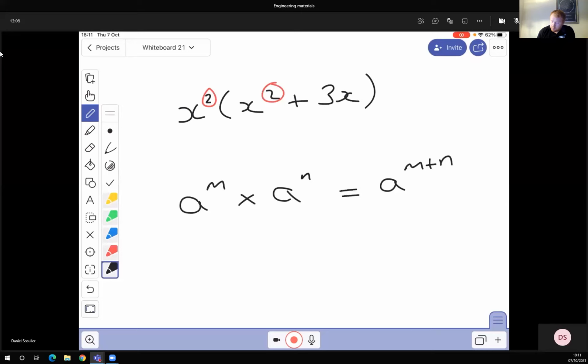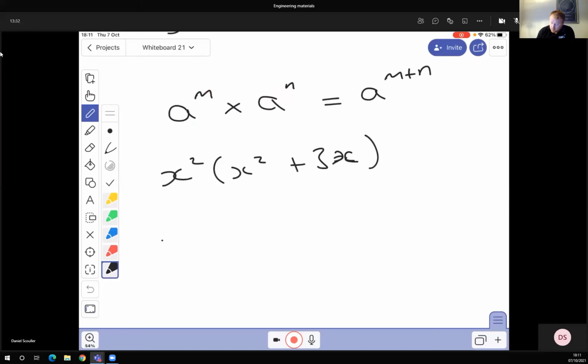So when you're multiplying out two numbers to the power of, we are adding on the powers. Writing that out, x squared times x squared. It's not the tidiest, but that's 3x there.